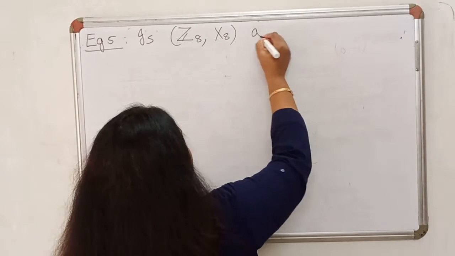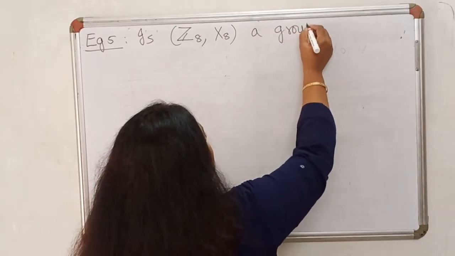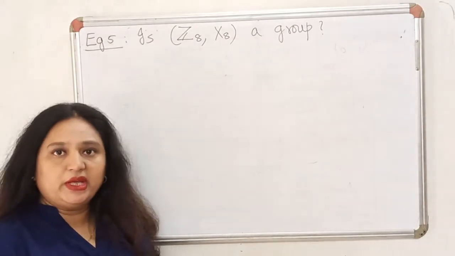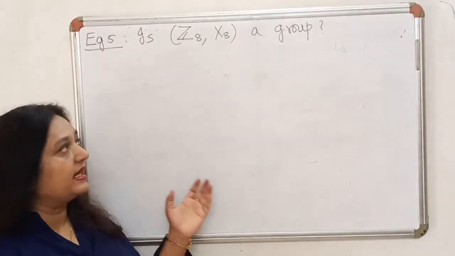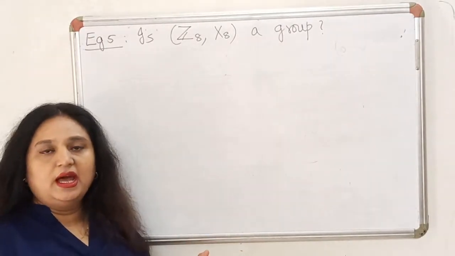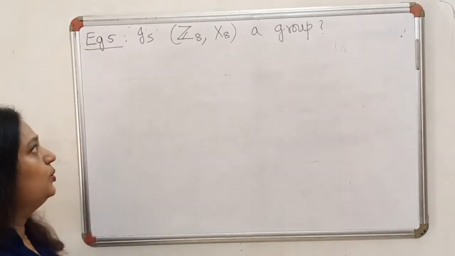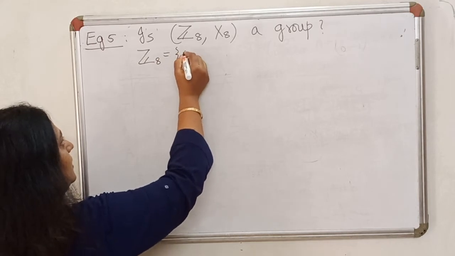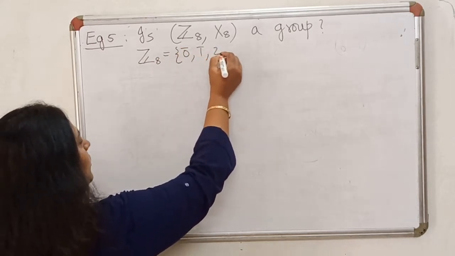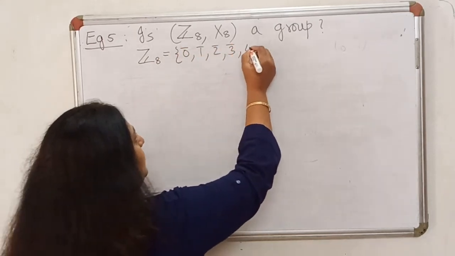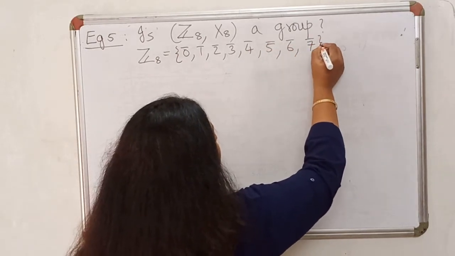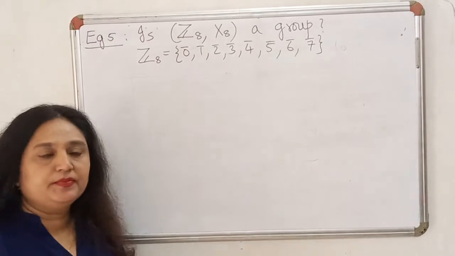Is this a group? Now I am deliberately doing this result, but why exactly I am doing this result, I will be mentioning slightly towards the end. So look at the elements of Z8. We have 0 bar, 1 bar, 2 bar, 3 bar, 4 bar, 5 bar, 6 bar, and 7 bar.